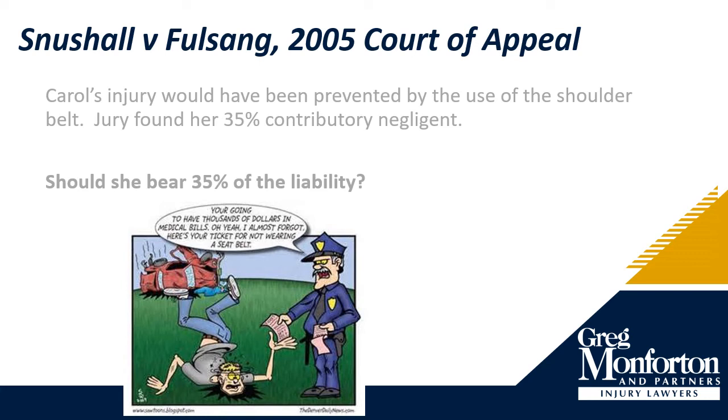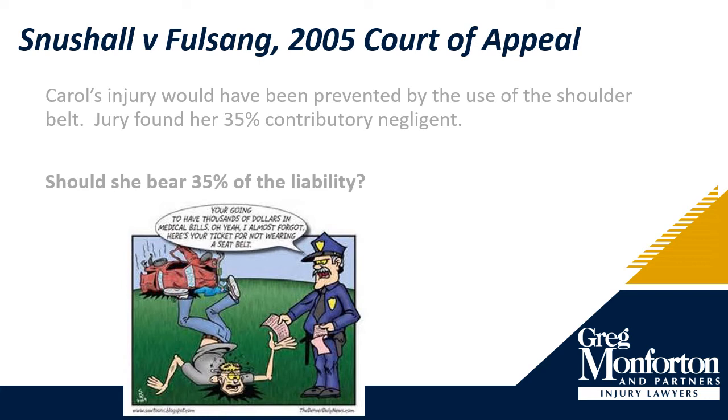She ended up suffering some very serious injuries. She had a burst L3 fracture necessitating a spinal fusion surgery. She suffered a closed head injury that resulted in permanent cognitive impairments in the areas of concentration, information processing, and multitasking.